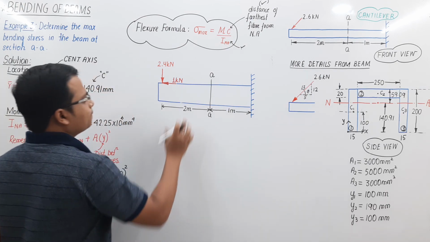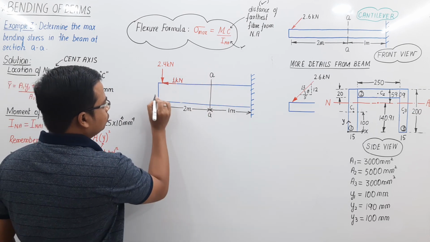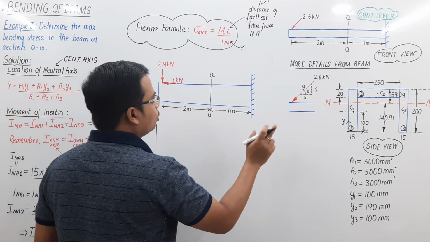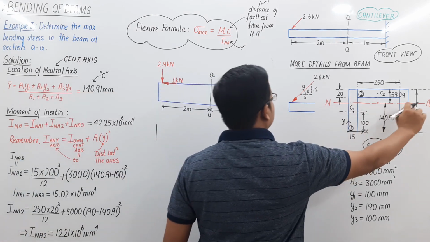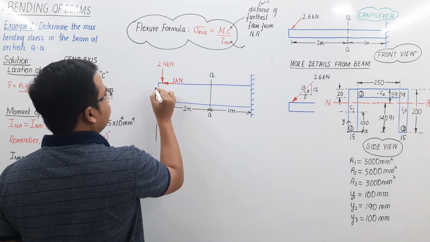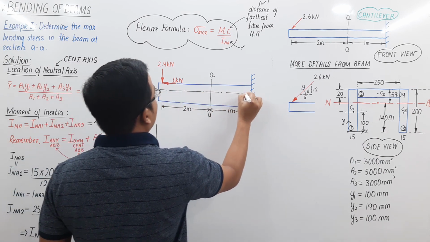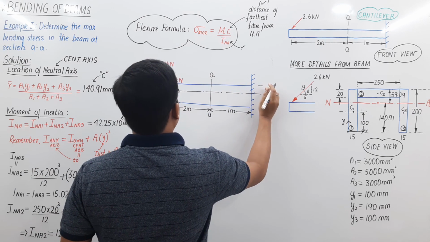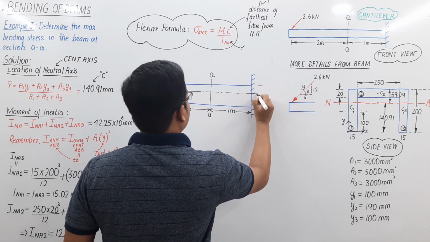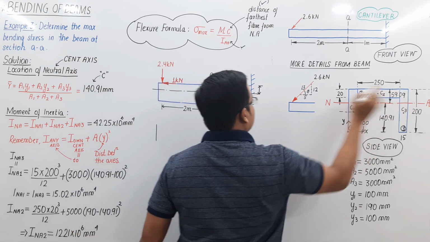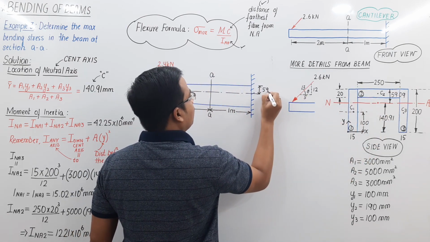Now the bending moment at this cross section. Let's focus on only this much portion of the beam, and we also have the neutral axis, which is part of the neutral plane. This distance is 59.09.